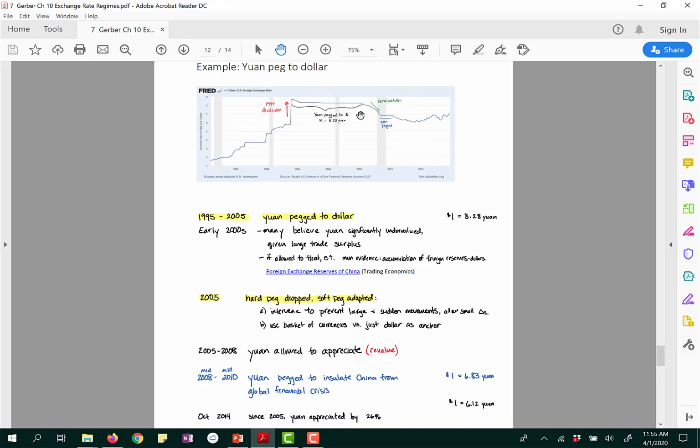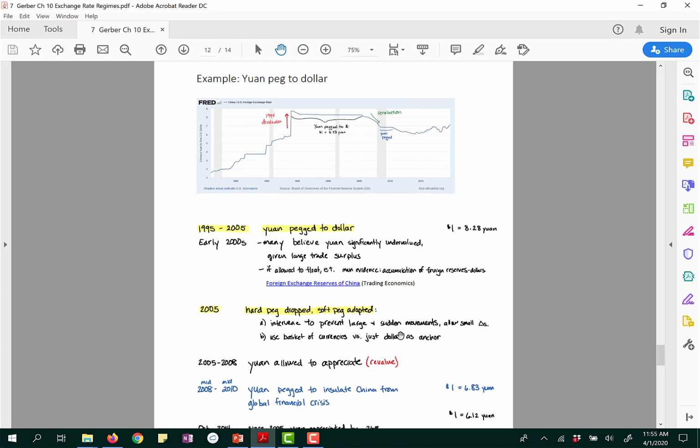In 2005, China dropped the hard peg, switched it to a soft peg. Basically, they said they would only intervene to prevent large and sudden movements in the exchange rate of the yuan, and that they were going to allow market forces to take a bigger role in determining the value of the yuan. There was a lot of international pressure building up for them to do this.